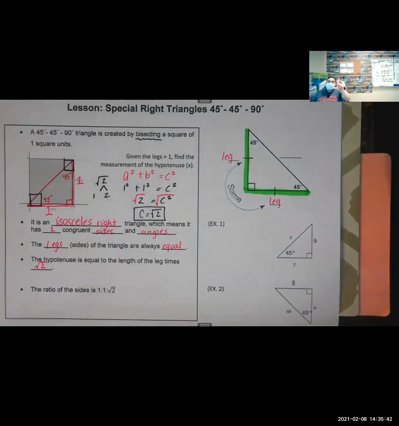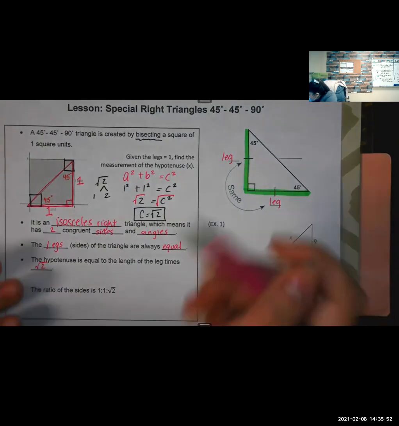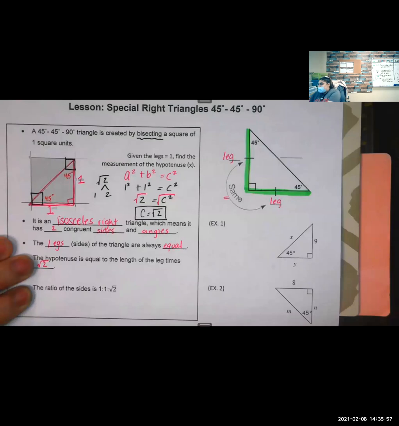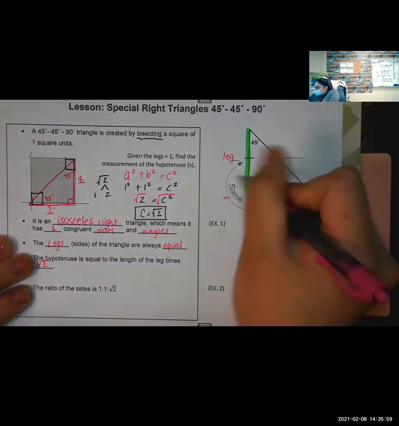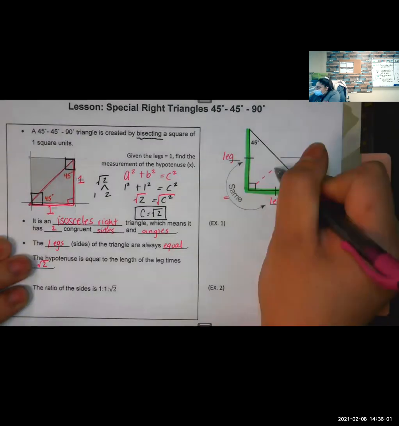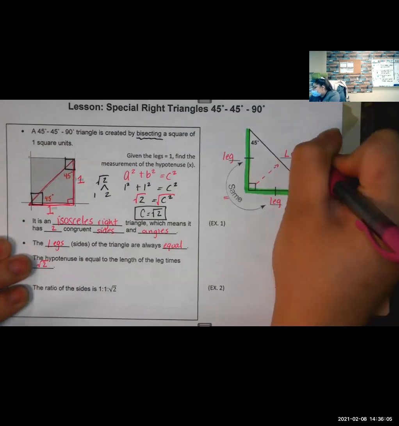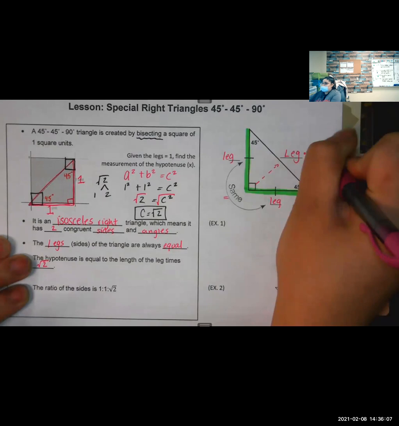So if you can hold up your thumb and your pointer finger and they form an L shape, it's one way that you can identify the legs. And the legs will always be the same. In other words, they are equal. And your hypotenuse, which is always across from 90, can be found by taking the measurement of the leg times the square root of 2.